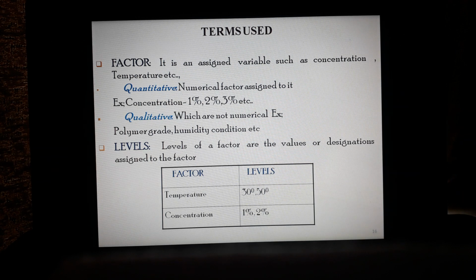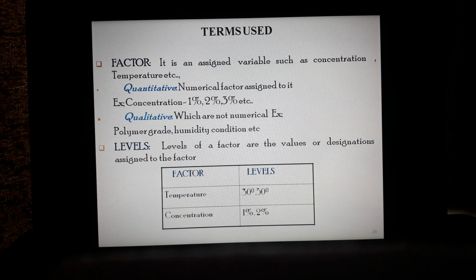So to make this presentation more understandable, I have added some terminology which might be helpful to you for easy understanding. That is factor. It is an assigned variable such as concentration and temperature. These factors may be quantitative or qualitative. Quantitative, we know, are those to which numbers or numerical values can be assigned.